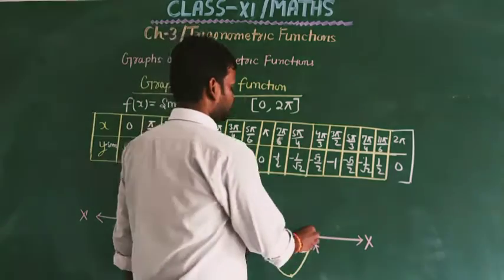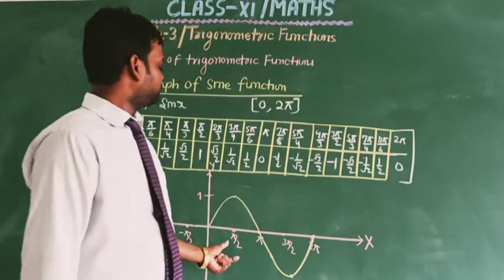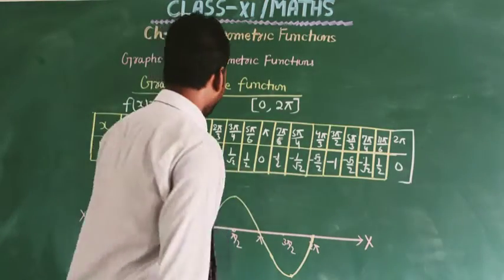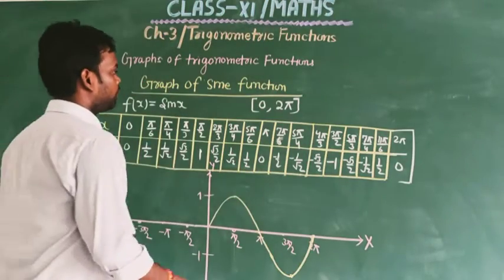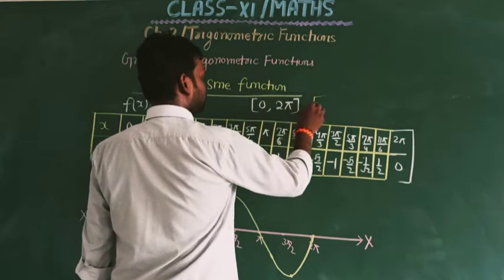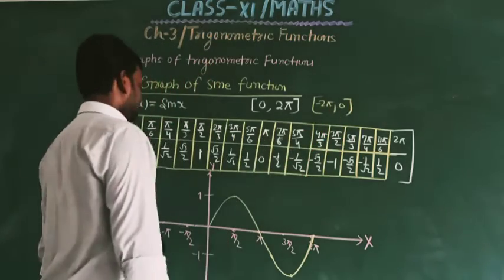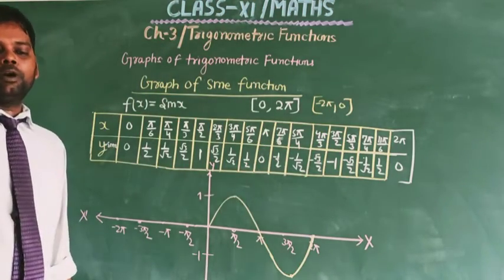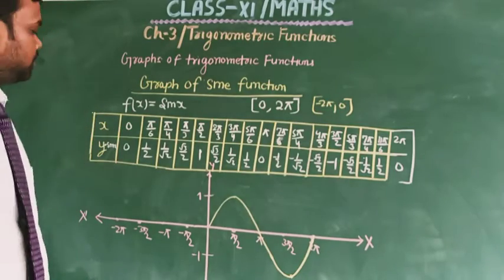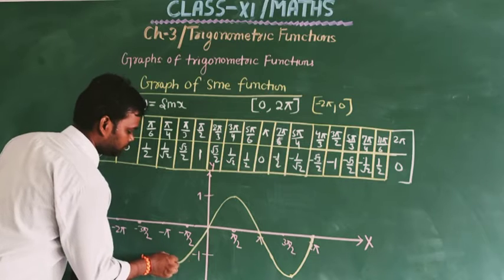Okay, so after the interval 2 pi the graph of the sine function will be the same. So the graph in the interval 0 to 2 pi and minus 2 pi to 0 will be the same.